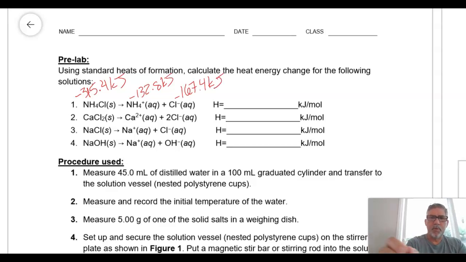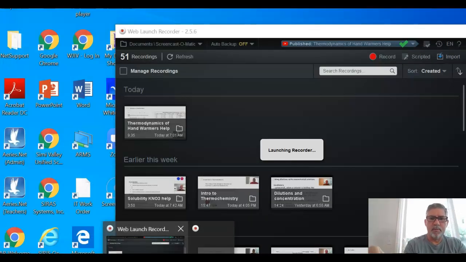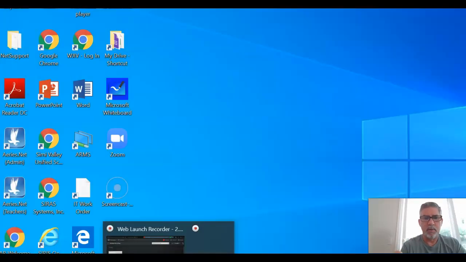So it's important to remember for the value of H here, ΔH is equal to Q of products minus the Q of reactants. Right?